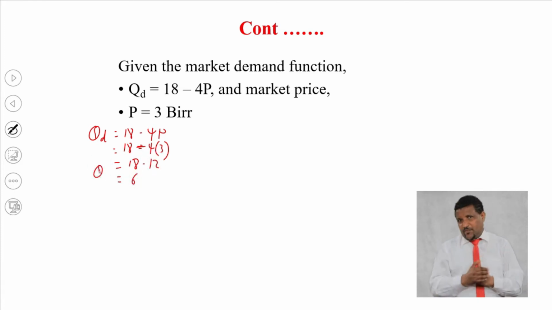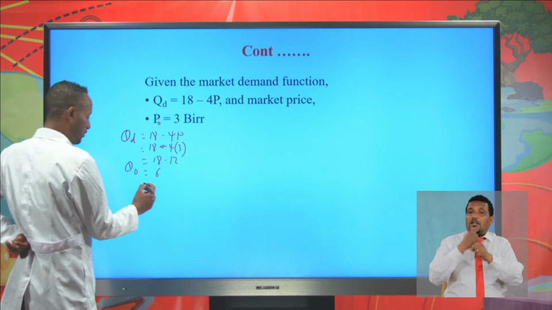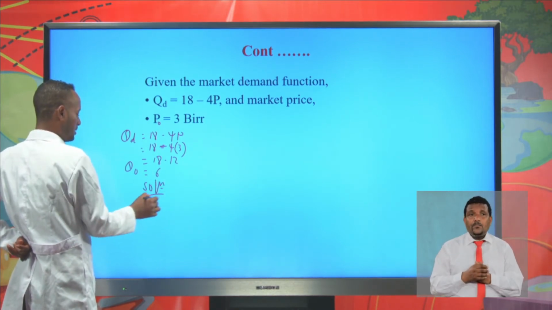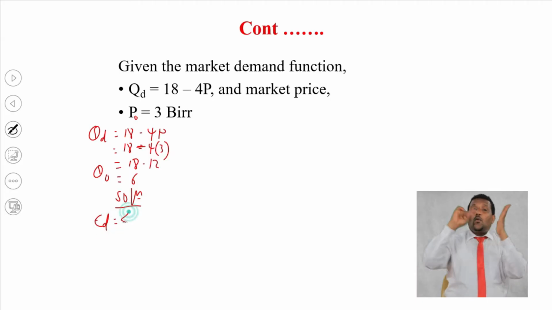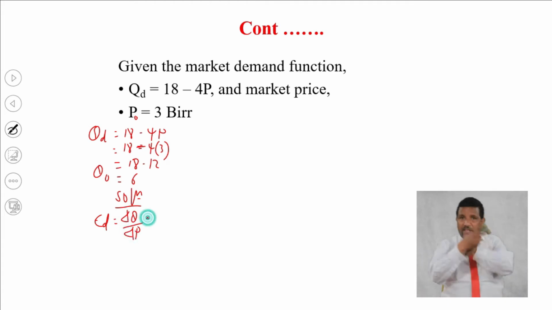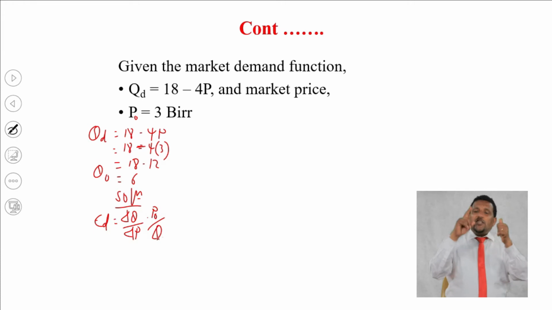So we get the initial quantity and take the given price as the initial price. When we come to the formula, the price elasticity of demand at a point is calculated by dividing the change in Q for the change in P, multiplied by the initial price divided by the initial quantity.